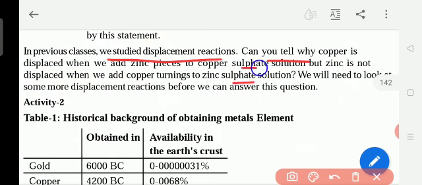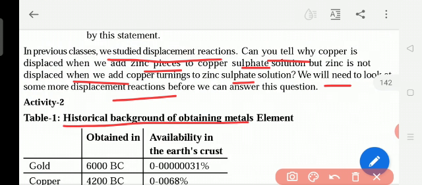Here there are some questions. For these questions, we understand by the following activity. First we see the historical background of obtaining a metal element.